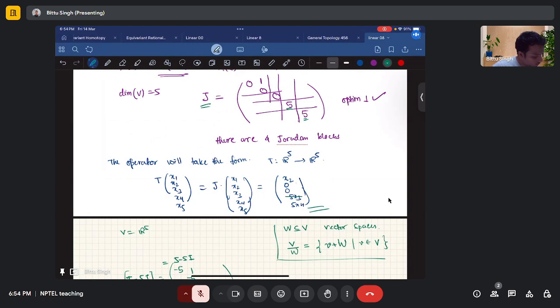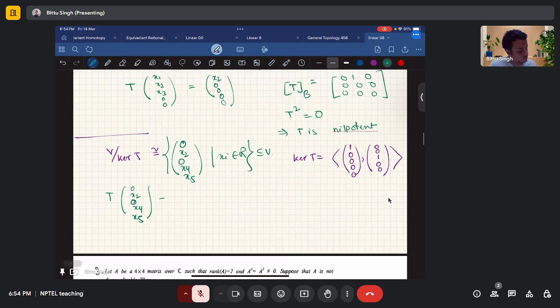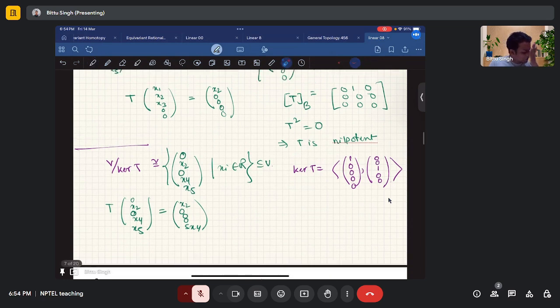So it will take the form (x2, 0, 0, 0), and the last entry is 5x4. But we can easily see this is not actually a scalar matrix, right?